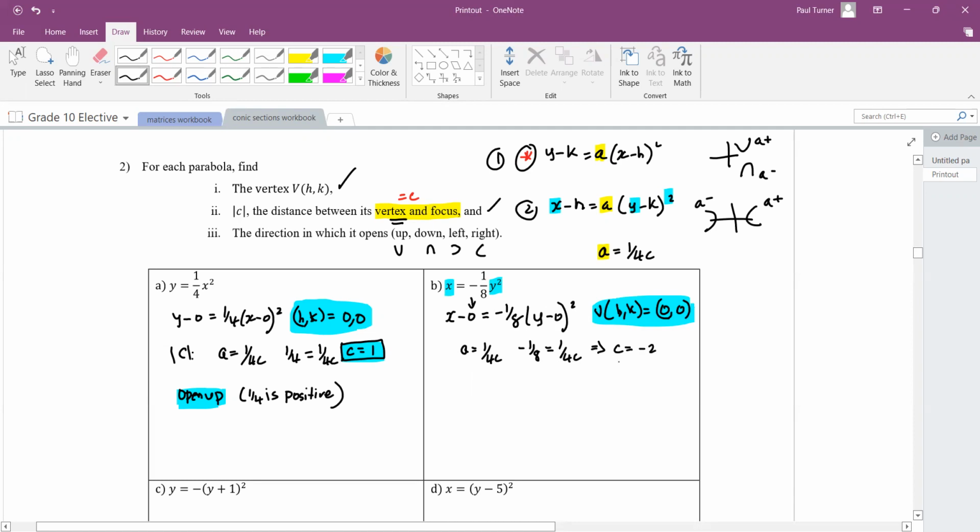But as we want a distance, we take the absolute value of c, so we'll get 2 for the distance between the vertex and the focus. And does it open up or down, left or right? So as we're in form 2, and notice that a here is negative, we're going to be opening to the left, to the negative direction.